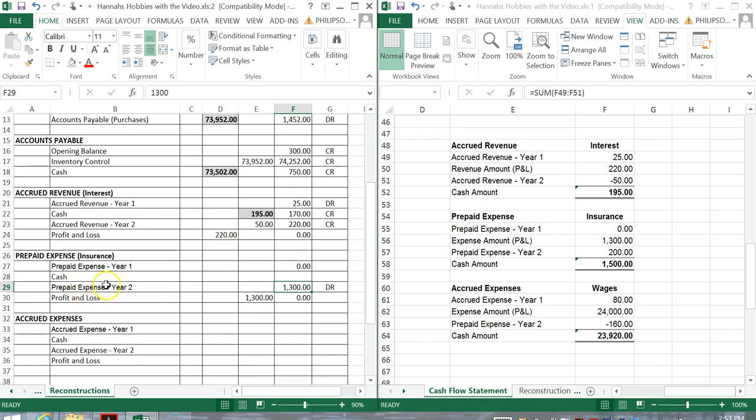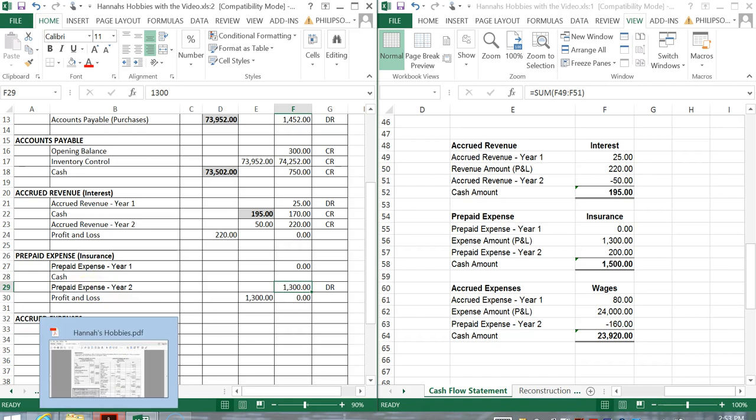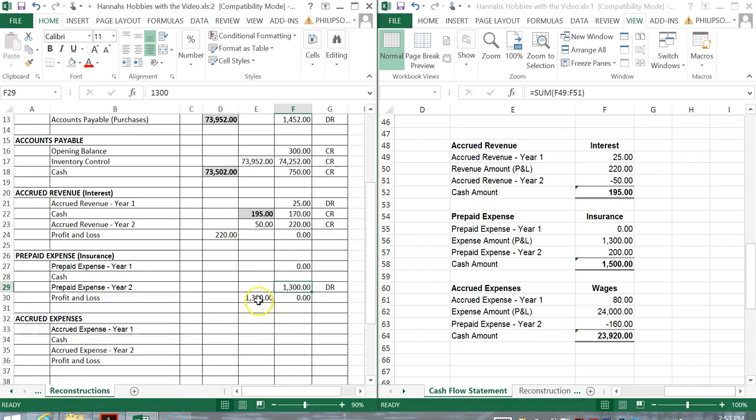Alright, then our narration tells us prepaid expense year 2. If we go to our balance sheet, prepaid expense year 2 was $200. That prepaid expense is an asset, would typically be a debit. However, working backwards here, we're using the opposite nature, $200 credit. So if we're working backwards, $1,300 debit, and in order to get there, we had a $200 credit.